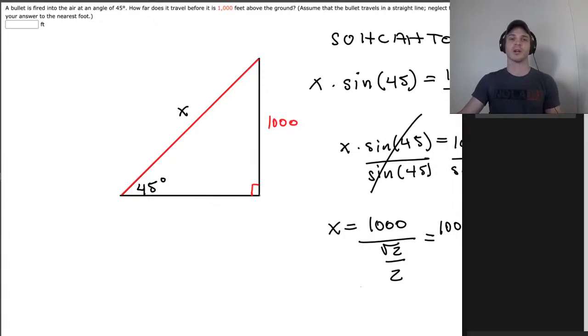Root 2 divided by root 2 is 1, and you can always multiply by 1. The reason why I'm doing it is it will change the way this fraction looks. It'll be an equivalent fraction. We're going to have 1,000 times 2 root 2. Root 2 times root 2 in the denominator becomes 2, and you'll see that these cancel. So our answer here is just 1,000 root 2.